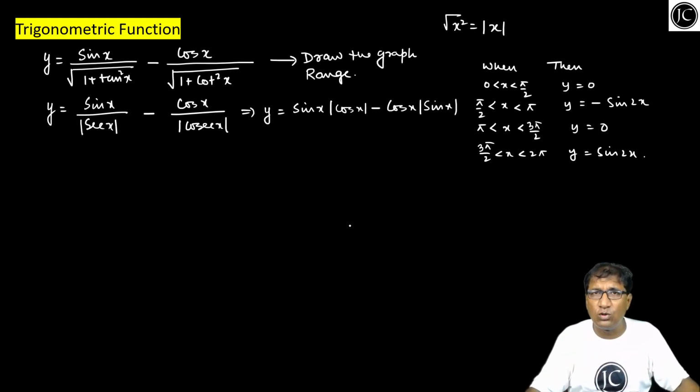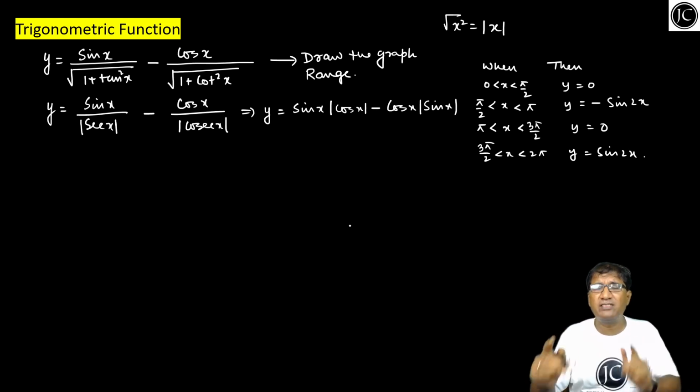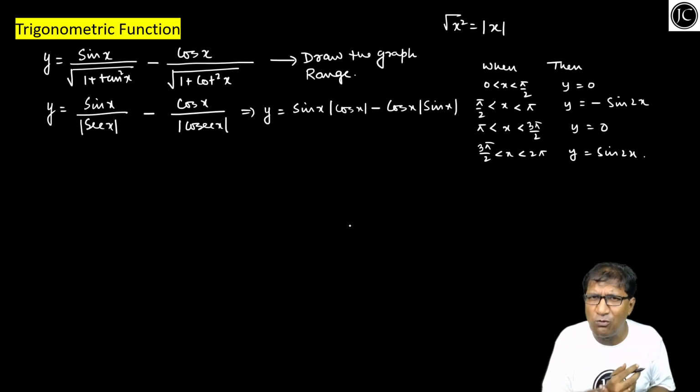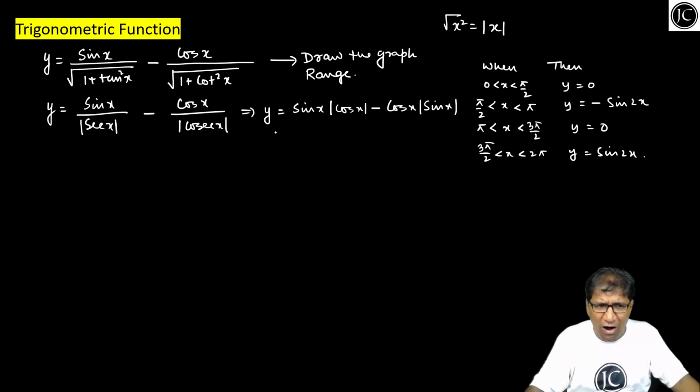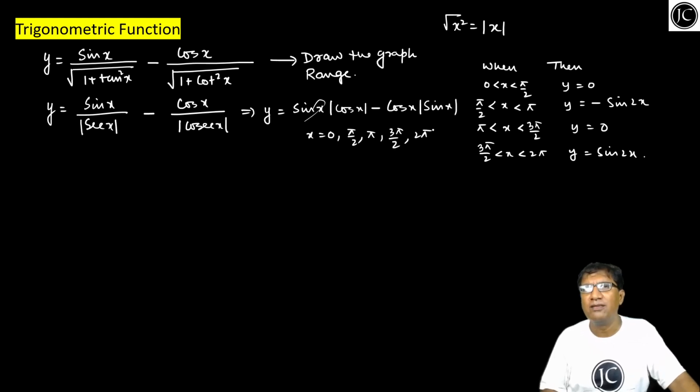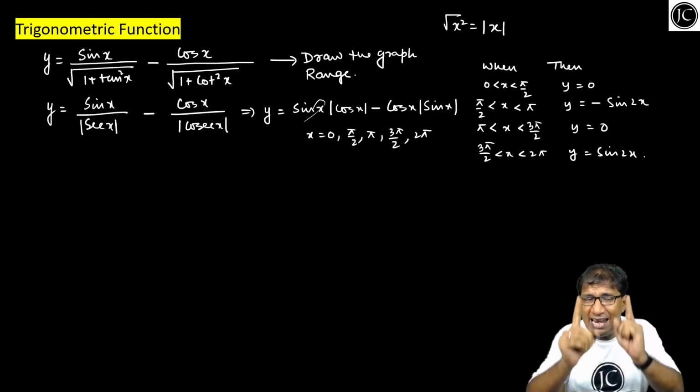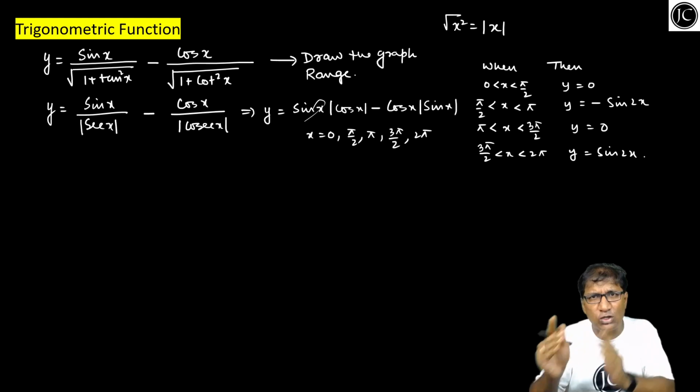Now we will try to draw the graph between 0 and 2 pi. Now observe one thing very carefully. I have deliberately excluded the points x equals 0, pi by 2, pi, 3 pi by 2 and 2 pi. I have deliberately excluded those points.